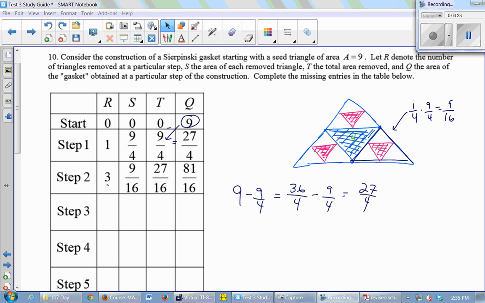Each one has area 9/16. Multiply those together and we get 27/16. And then I subtract. Take the area I had before, 27/4, and subtract the area that I just threw away, my 3 pink triangles, which had area 27/16. And you get 81/16.